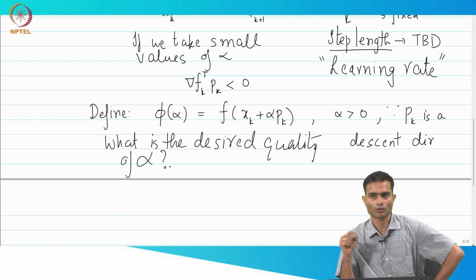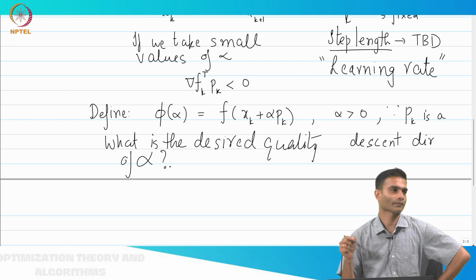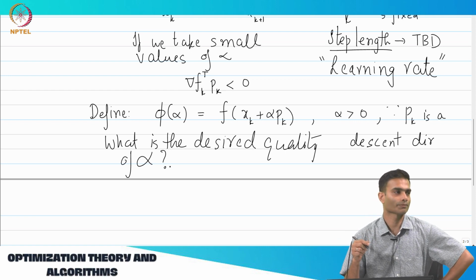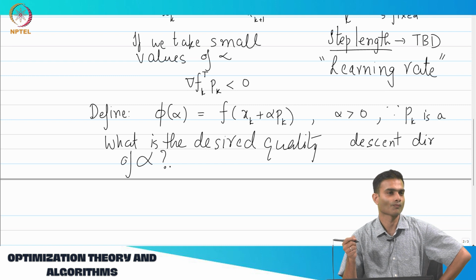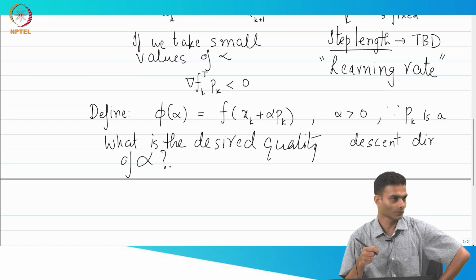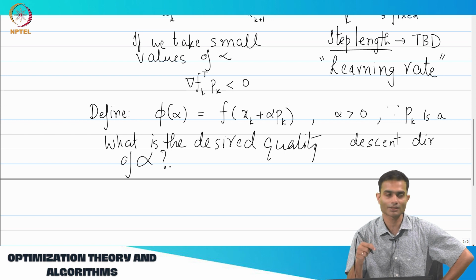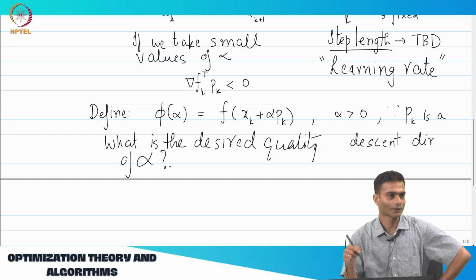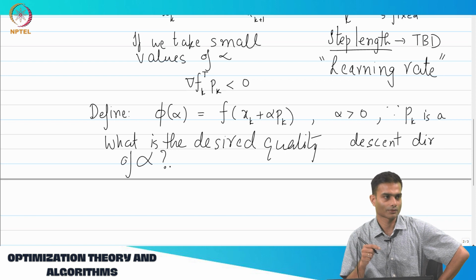It shouldn't be too large or too small. Can we be a little more ambitious? It should give the least possible value. Once we take alpha, the function should go to the least possible value in that direction. So he's right.